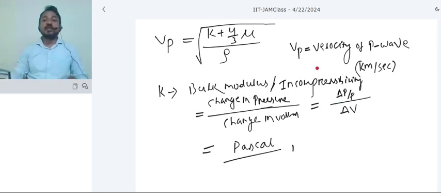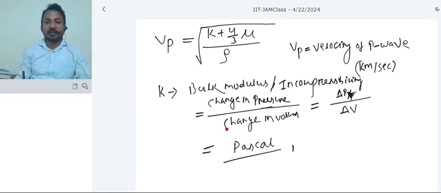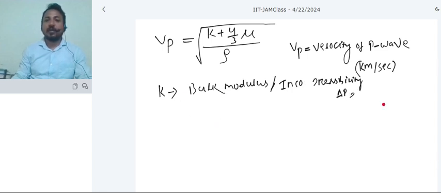This thing is your change in pressure, it is del P. So change in pressure divided by volumetric strain, that is your bulk modulus.